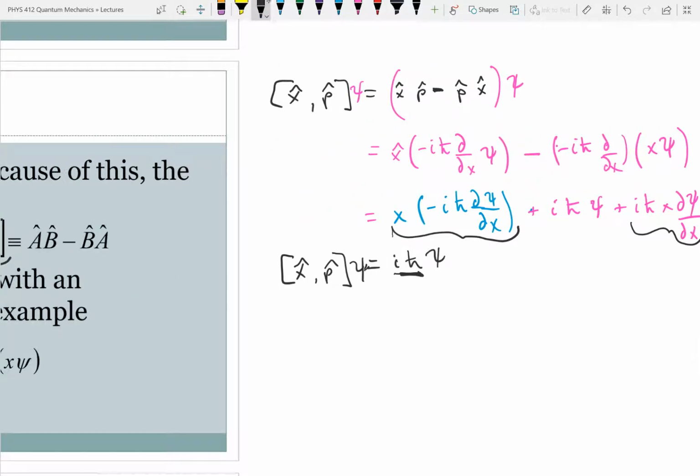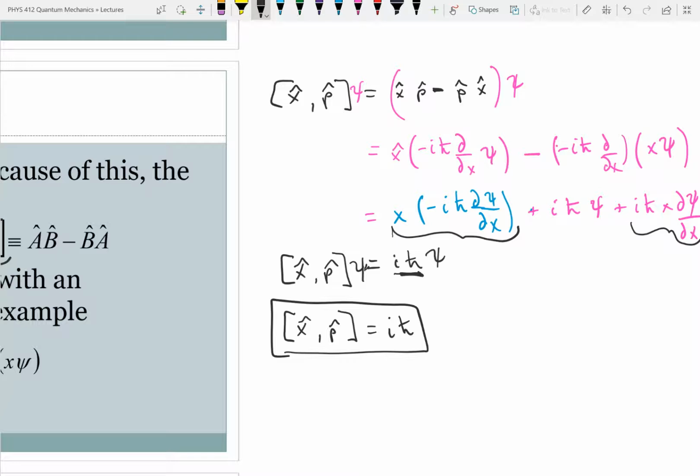Now you're going to do fun things like find the commutator of the Hamiltonian with the x operator, or the Hamiltonian with the p operator, or some random made-up operator with another made-up operator. But being able to do this commutation is very important. If the commutator is 0, we say that the two commute.